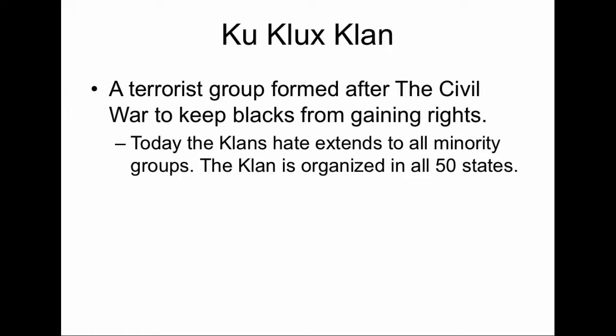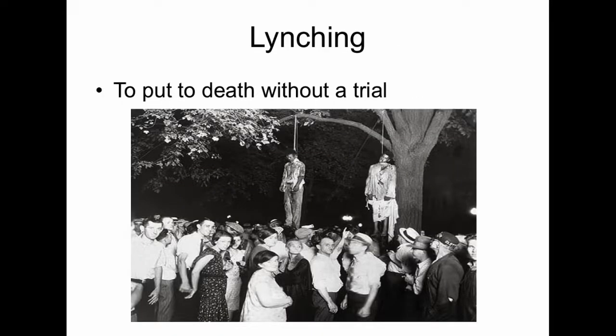So the Klan is going to go into operational mode after the Civil War, and the whole idea is to ensure that the black population can't become an equal population with the white population. And ultimately, we're going to see the Klan using all kinds of methods of threats and intimidation.